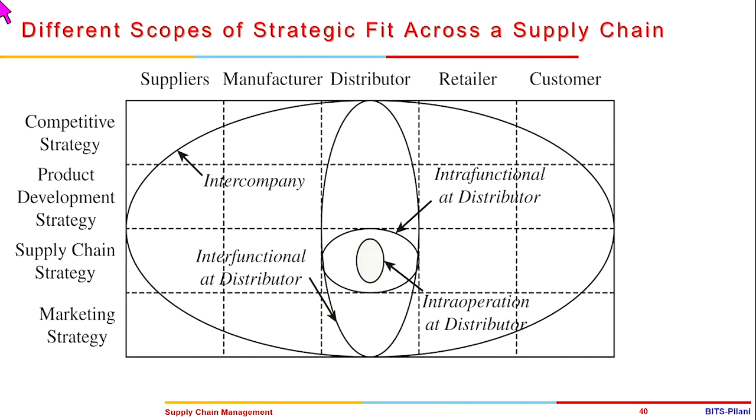Let us look at this diagram. We have suppliers, then we have a manufacturer, a distributor, a retailer, and then a customer. When we look at this way, we are talking about supply chain.